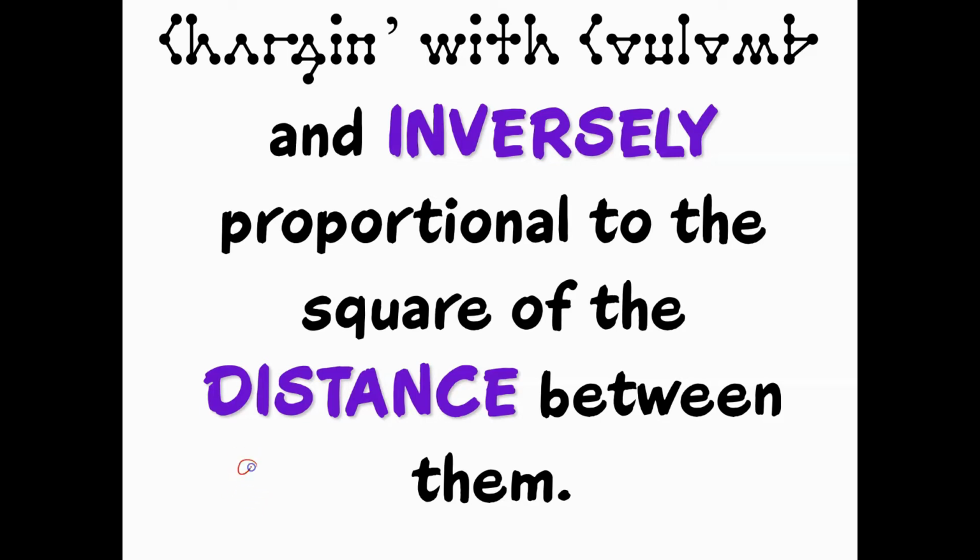So we have two charges. They are directly related to electric force, so they're both in the numerator, both on top. And then an inverse relationship. We've looked at a couple inverse relationships already. The period is inversely related to frequency.